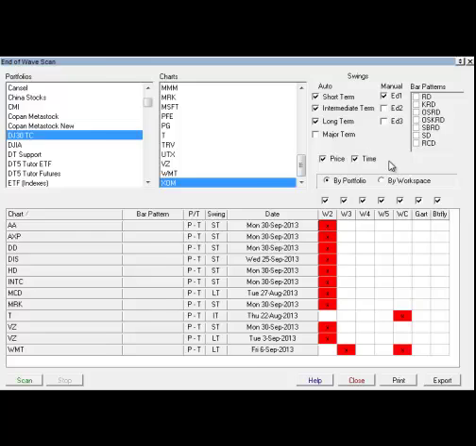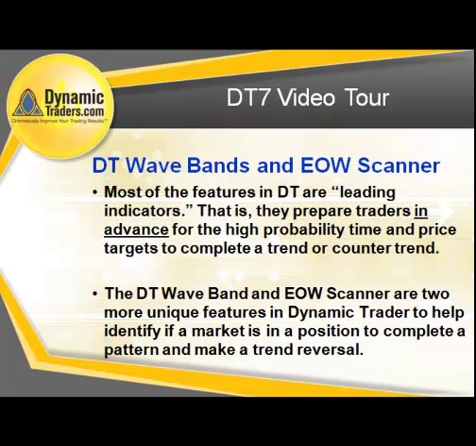Most of the features in Dynamic Trader are leading indicators. That is, they prepare traders in advance for the high probability time and price targets to complete a trend or a counter trend. The DT wave band and end of wave scanner are two more unique features in Dynamic Trader to help identify if a market is in a position to complete a pattern and make a trend reversal.